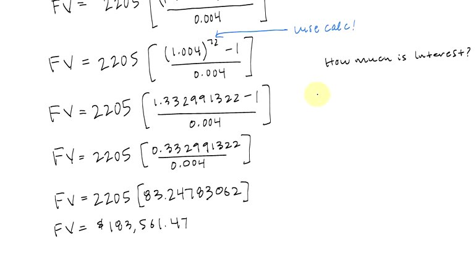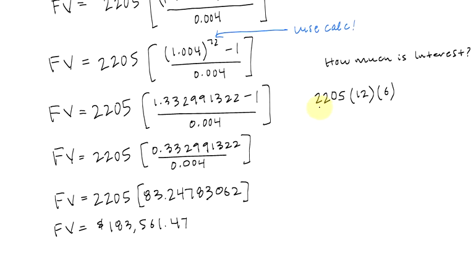So in the original problem, the deposits were in the amount of $2,205 per month. That was deposited 12 times a year for 6 years. So the amount of money that was put into the annuity without interest can be found by multiplying these numbers together.